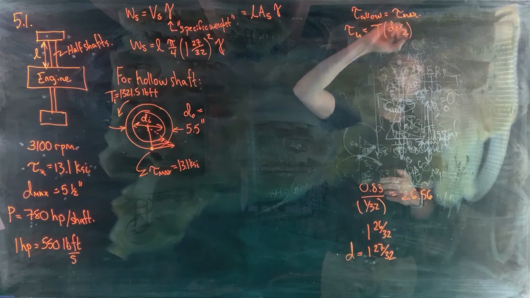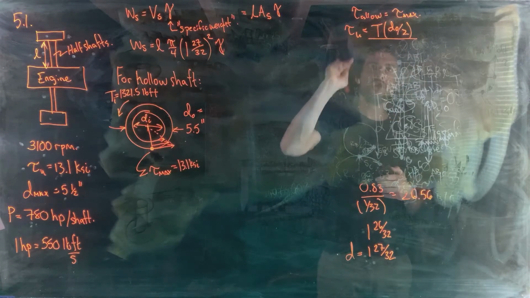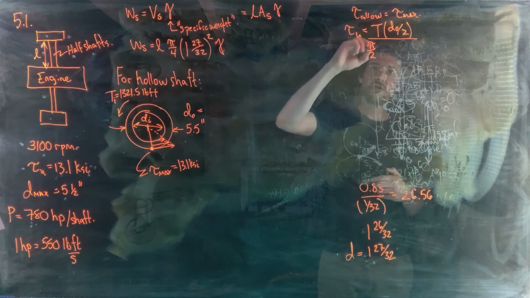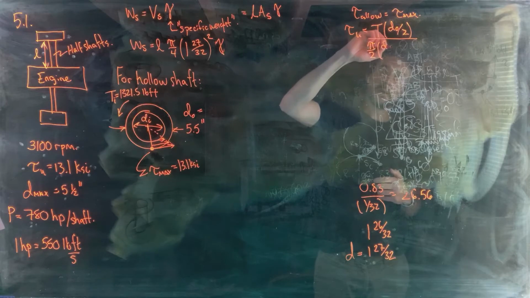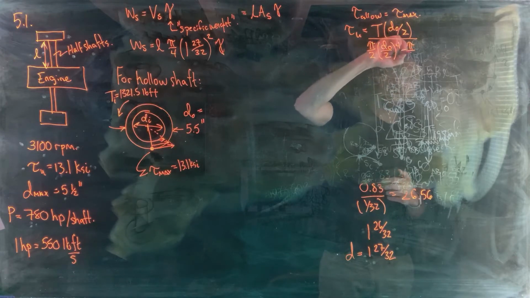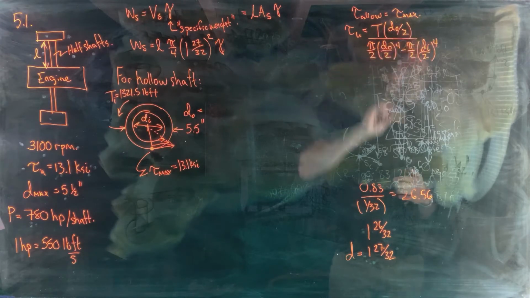So we've got DO divided by 2 there. And then down for J, we're going to put pi over 2 times the outer radius to the 4th power minus pi over 2 times the inner radius to the 4th power.